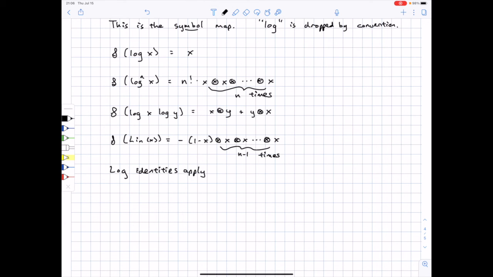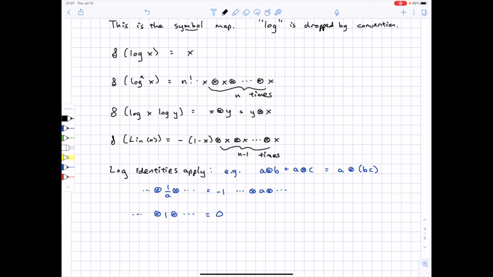So when we write symbols, we would have, for example, a tensor b plus a tensor c is a tensor the product bc. And if we have, say, 1 over a in the middle of some symbol, that would be minus 1 times the same symbol where 1 over a is replaced by a. If we have 1 in the middle of the symbol, well, that's really log of 1, which is 0, so the whole thing is 0.